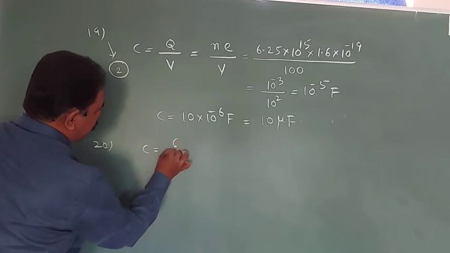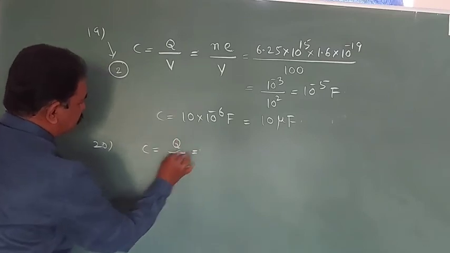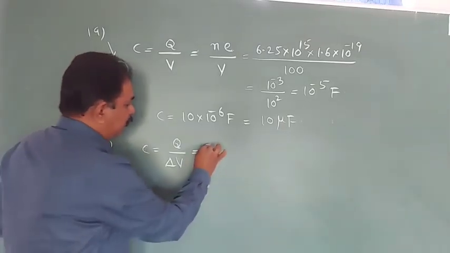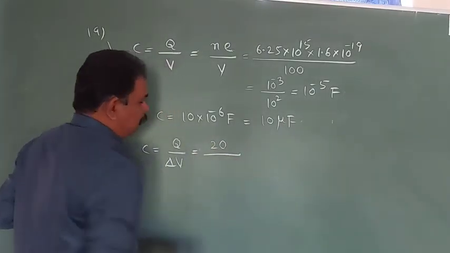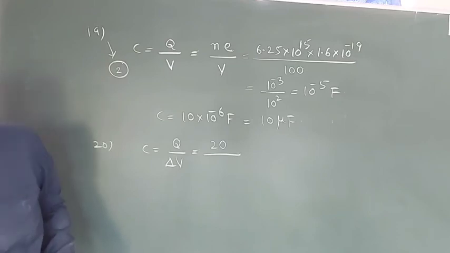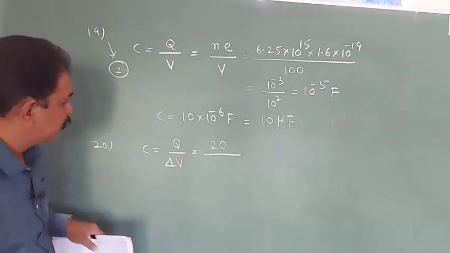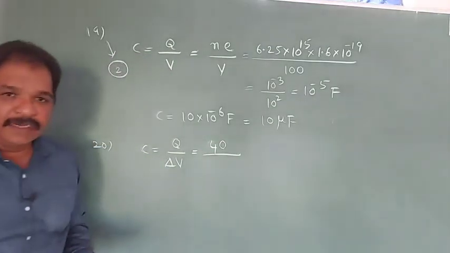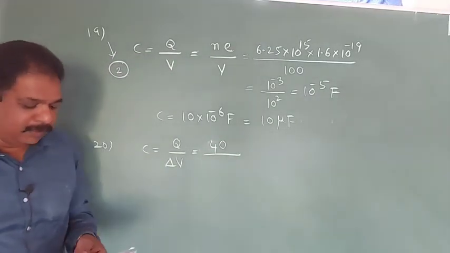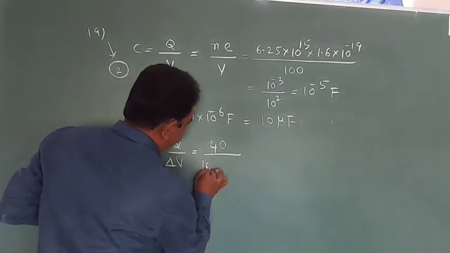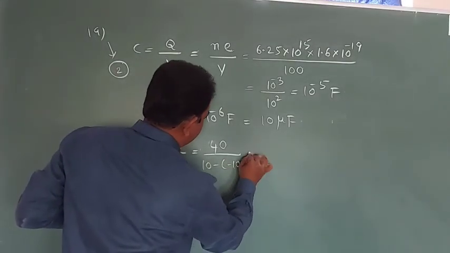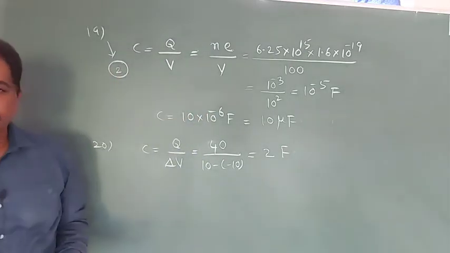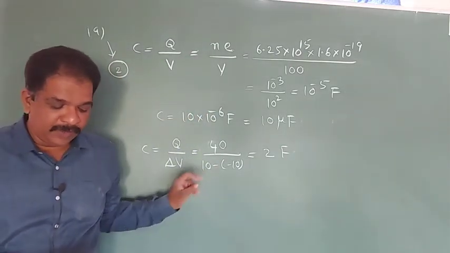C is equal to Q by delta V. The charge is 40 coulombs. The potential difference is 10 minus of minus 10, which is 20 volt. So 40 by 20 means 2 farad.